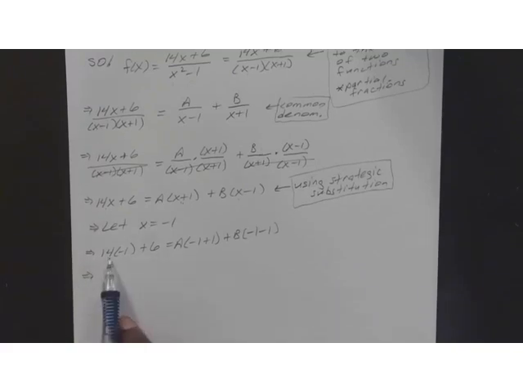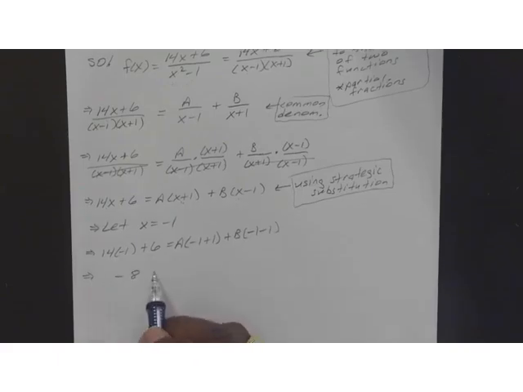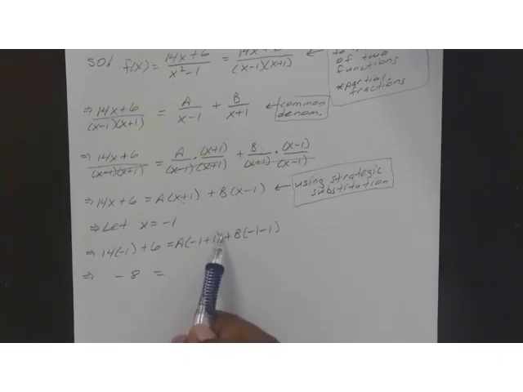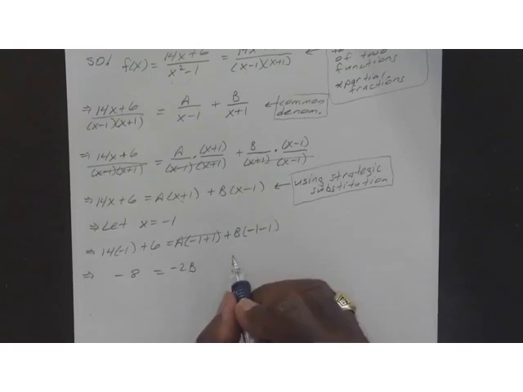Okay, so we have negative 14 plus 6, so that gives us negative 8, which is equal to negative 1 plus 1 is 0, so that disappears, plus negative 1 minus 1 is negative 2, so that's minus 2b. So if we divide both sides by negative 2, we end up with b is equal to 4.